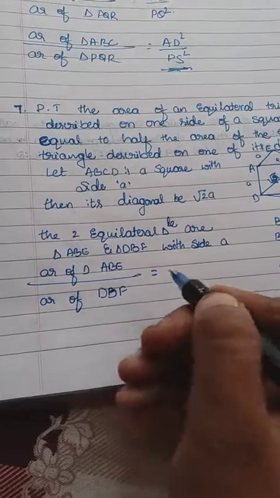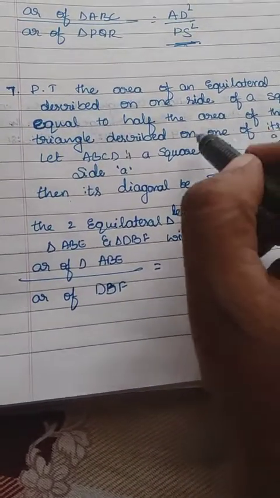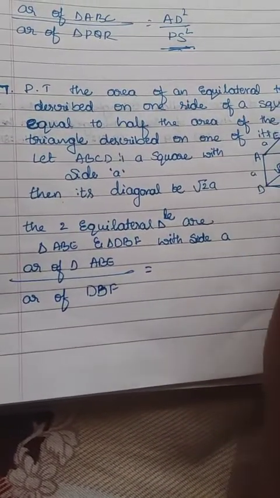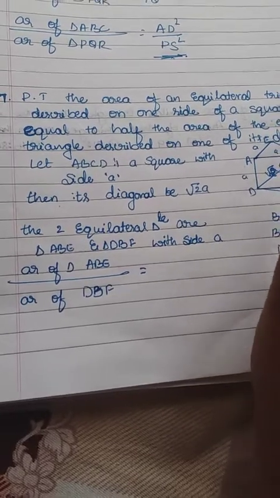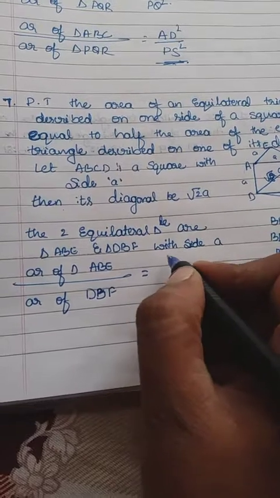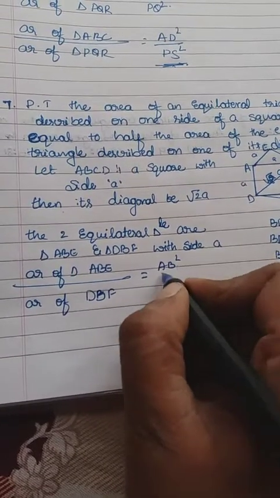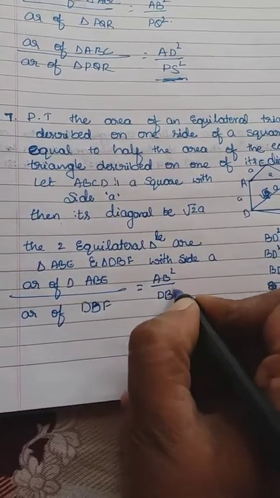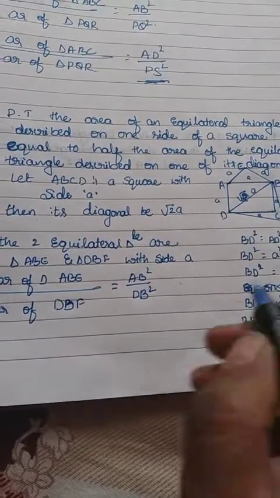That is what they are asking. They are asking particularly the triangle described on one of its diagonals, so we have to take the diagonal only here. So it is AB square divided by DB square, because DB is the diagonal here.